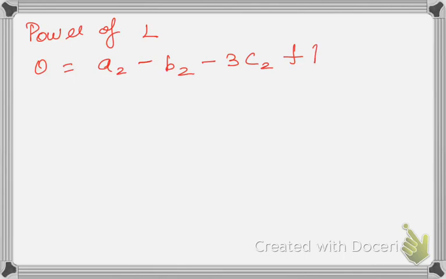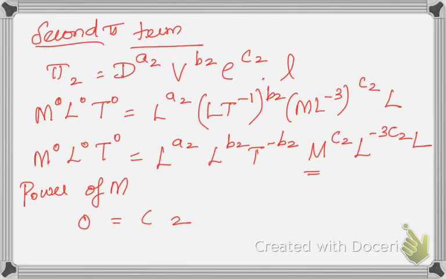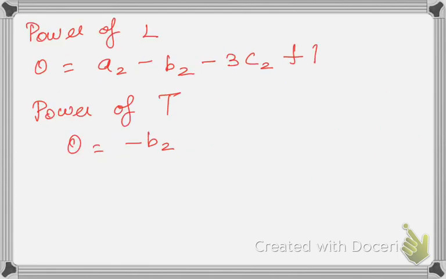Next, the power of L, I'll be getting 0 is equal to A2 plus B2 minus 3C2 plus 1. I don't know the value of B2, so I'm taking the power of T to get the value of B2. The power of T is 0 is equal to minus B2. You can see here I have only one T term, that is minus B2. So this is how I'll get the B2 value.